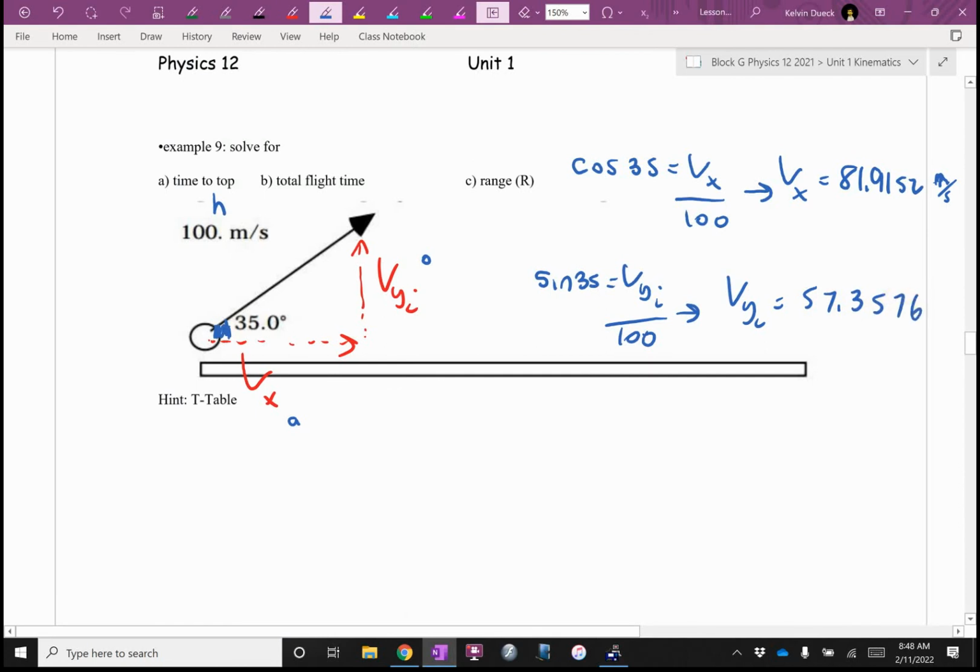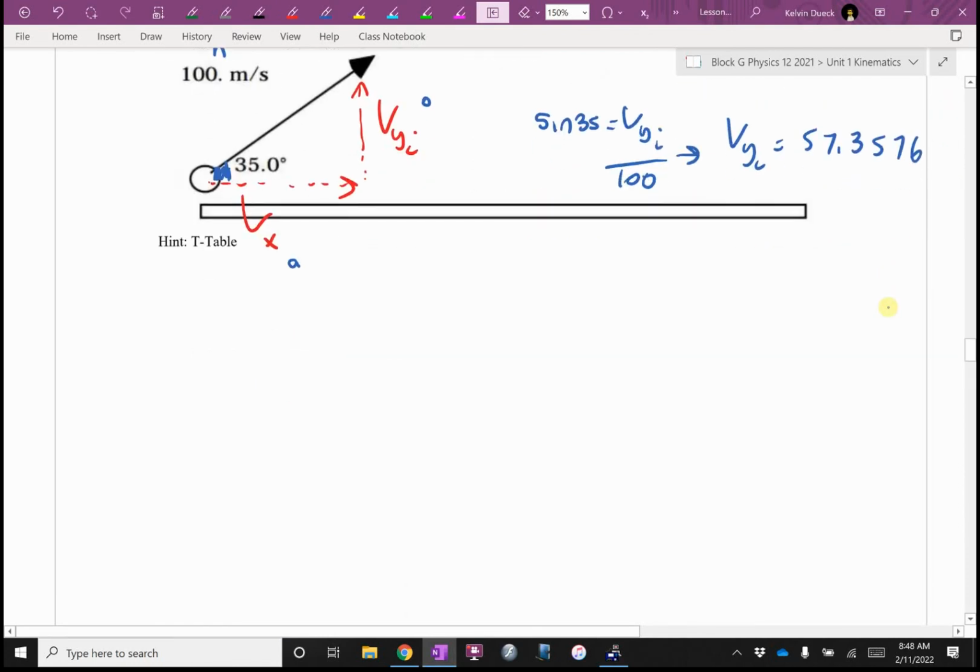Part A wants me to find the time to top, but first I'm going to make a T-table. Horizontal, vertical. What are the two things that I can write, my physics no-brainers? AX equals 0, AY equals negative 9.8.